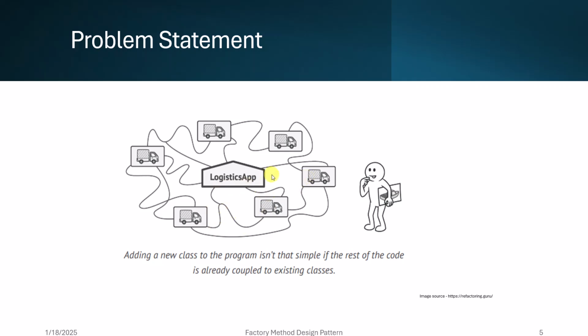At this point, most of my code is tightly coupled with the truck class, and adding any new mode of transportation, like by sea, meaning ships, or by airplane, would require making changes to the entire code base, because previously I wrote code based on my requirements for only one mode of transportation. If we later decide to add any other type of transportation, I have to make all the changes again.